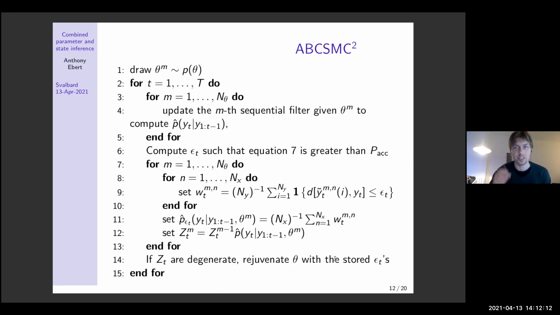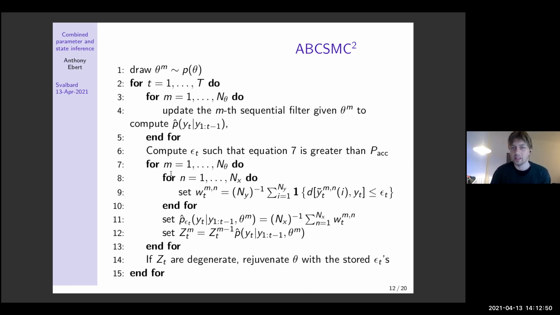Okay, and so to turn this into a likelihood-free algorithm, we do the same as we did before. That is, we replace the likelihood of y, sorry, with the distance, right? And so that gives us a particle filter for x, right?